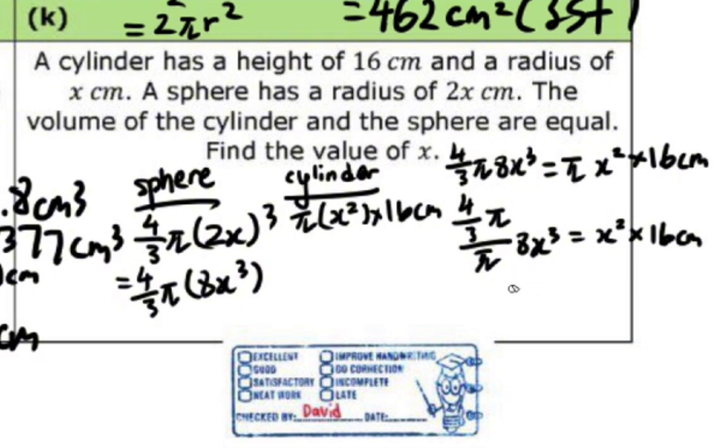So then once the pi is out, we can multiply the 8 with the 4. So 8 times 4 will equal 32. So 32 over 3 x cubed would equal x squared multiplied with 16 cm.